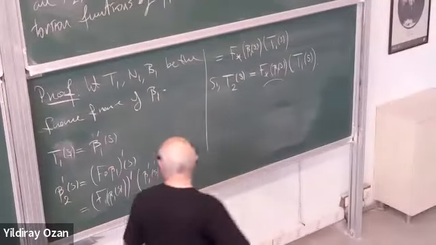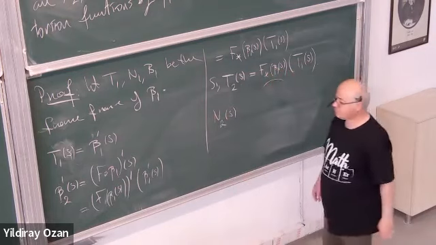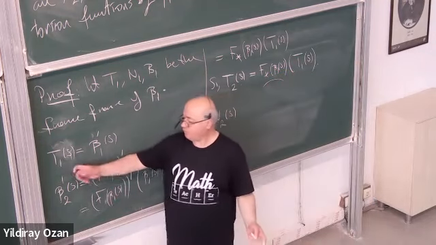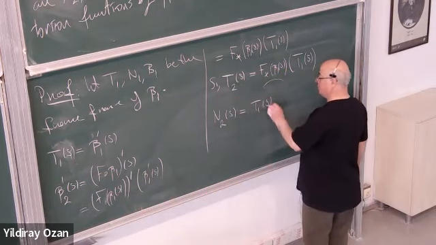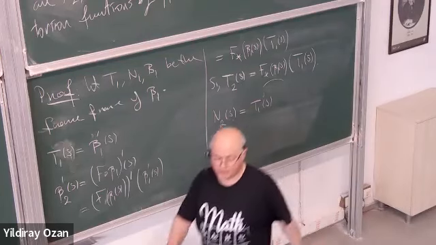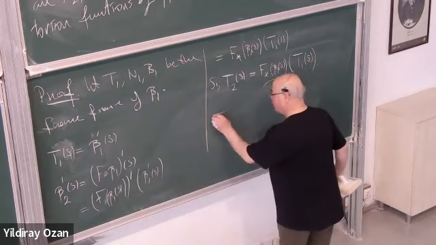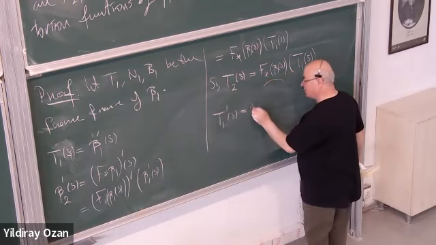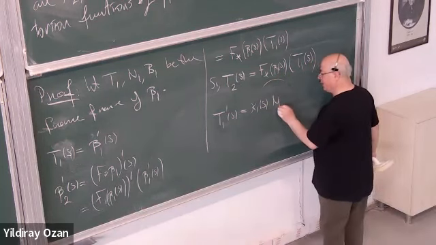What about the other ones? What was N2? N2 is just the derivative of T1, right? Actually, let me write it this way. Sorry. Yeah. Derivative of T1 of s is just kappa 1 of s times N1 of s, right?